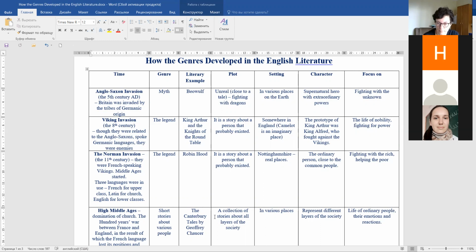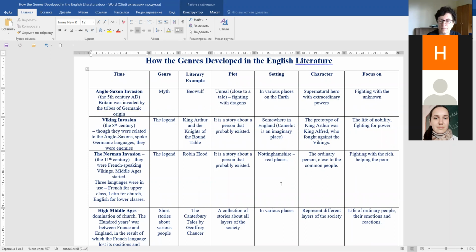Setting: Nottinghamshire, real places. Yeah, so it's already a real place. Before, the setting was in different places, but not real places: Camelot was imaginary and Beowulf was somewhere else. Here we see it's already a real place.